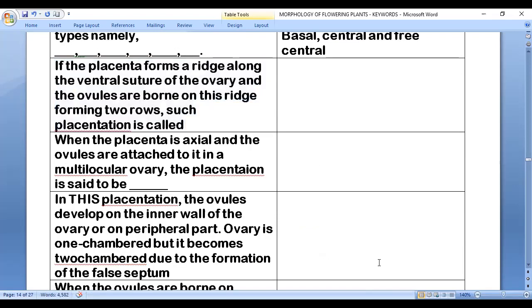If the placenta forms a ridge along the ventral suture of the ovary and the ovules are borne on this ridge, forming two rows, such placentation is called marginal placentation.